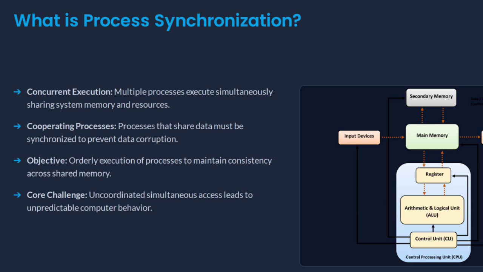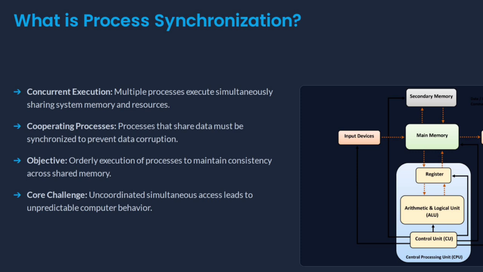A cooperative process shares memory or files with other processes and requires coordination. Processes that share data must be synchronized to prevent data corruption.